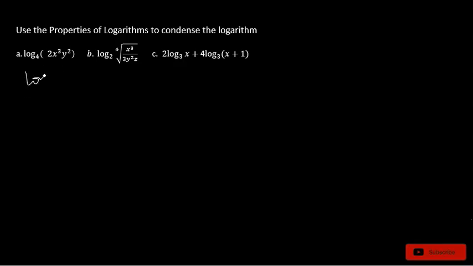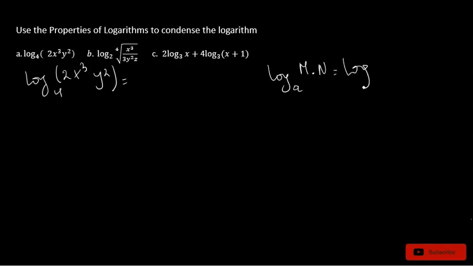Log base 4 of 2x cubed y squared is equal to... We know that the product property says if you have log base a of m times n, this is equal to log base a of m plus log base a of n.